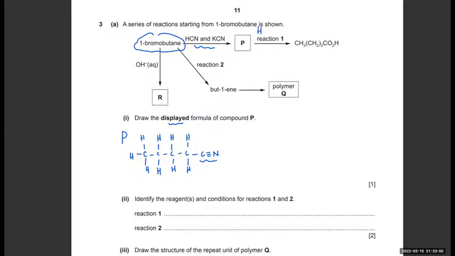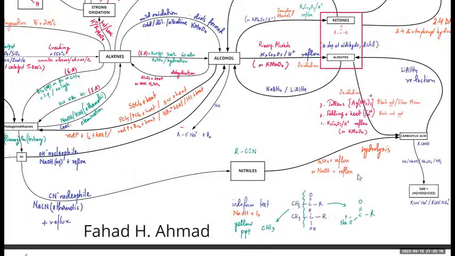It's going to be dilute H2SO4 and reflux. It's not alkaline hydrolysis, because I told you if you have an alkaline hydrolysis, the carboxylic acid would end up reacting with the alkali, and it would end up forming a salt, with NaOH.